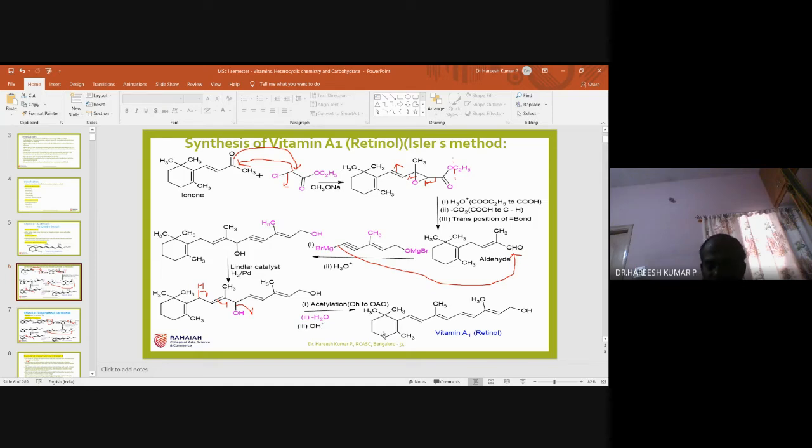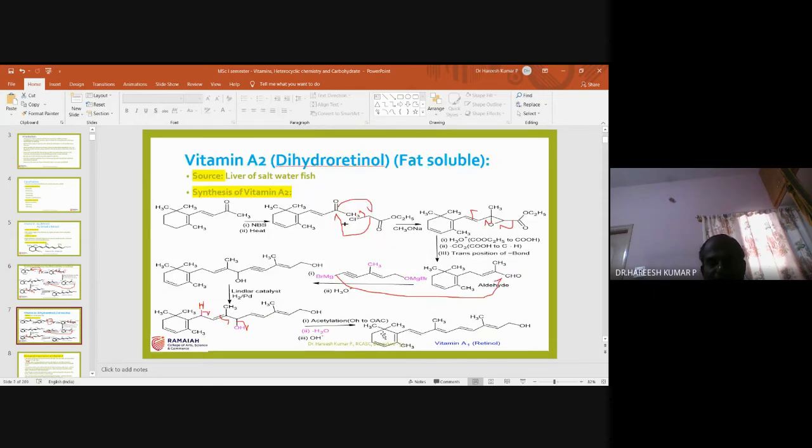It is also called dehydroretinol. Without this double bond it is called retinol; with this double bond it is called dehydroretinol, and this one is A2.